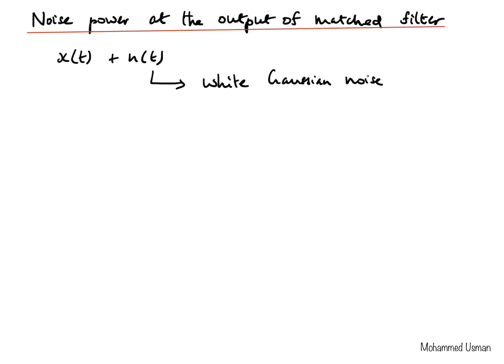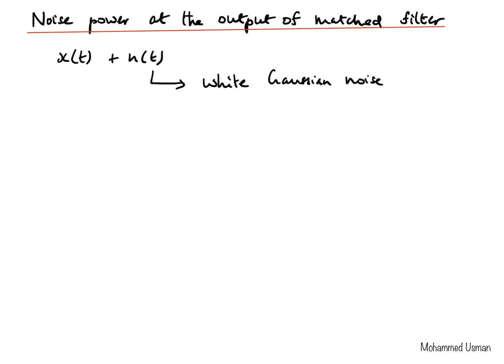So the signal entering the matched filter at the receiver is the sum of the transmitted pulse x of t and the noise signal, which we denote as n of t.